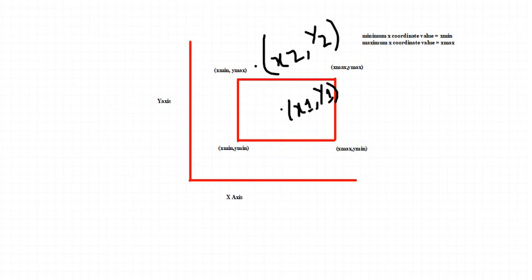In similar way, try to figure out the minimum and maximum y coordinate values. Minimum y coordinate value in the red window is y min, and maximum y coordinate value in this system is y max.